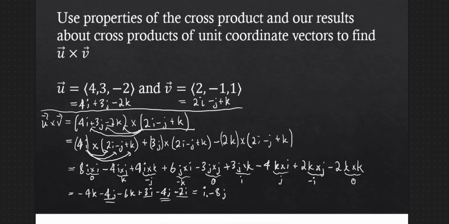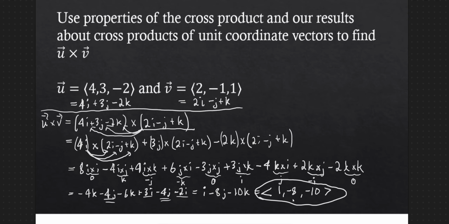And then my k's, I have a minus 4k and a minus 6k, so that's minus 10k. And so what is this vector? What is the cross product? It's 1, negative 8, negative 10. Wow, what a process to come up with our final answer of 1, negative 8, negative 10.